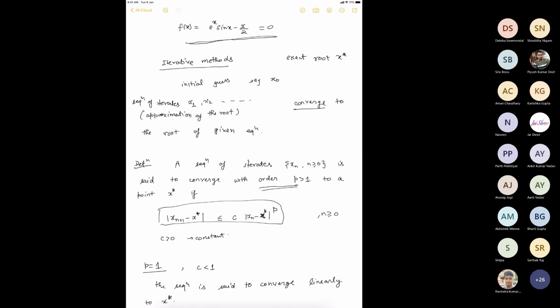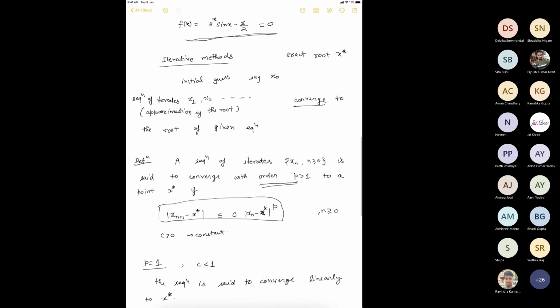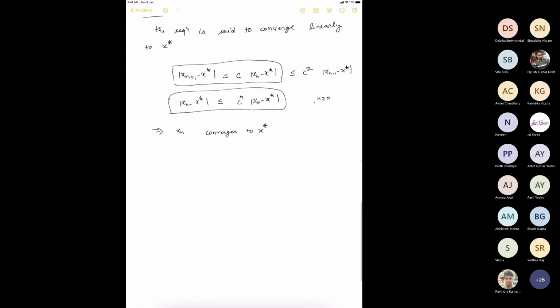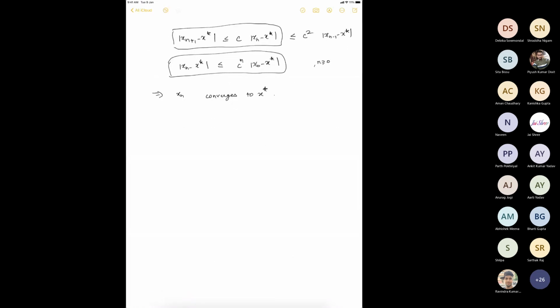Then the question arises: where do we stop? We have to stop somewhere. We cannot go on forever computing x3, x4, and then x100. So what has to be the stopping criteria? When do we feel that we have got a good approximation of x star? Then we should stop. So let's see some stopping criteria to truncate these iterations.